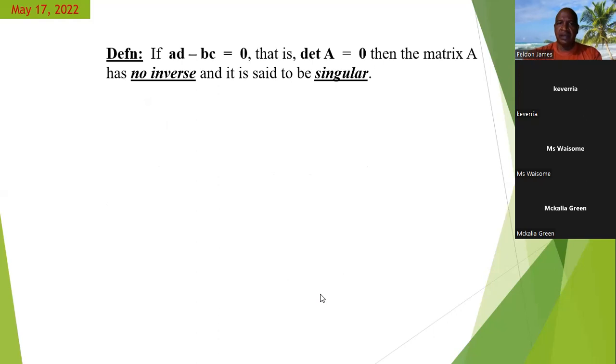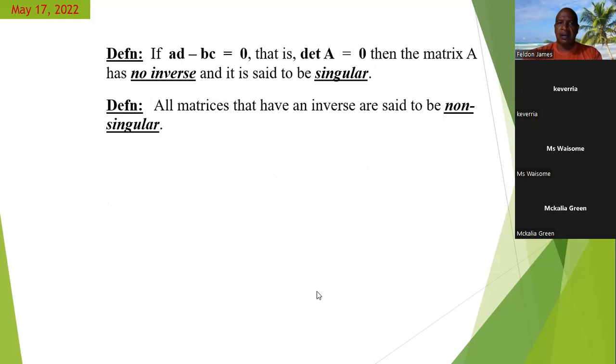All right, moving to what we mean by singular and non-singular. So a matrix is singular if the determinant is 0. If the determinant is not 0, which means a non-zero number, then we say that the matrix is non-singular.